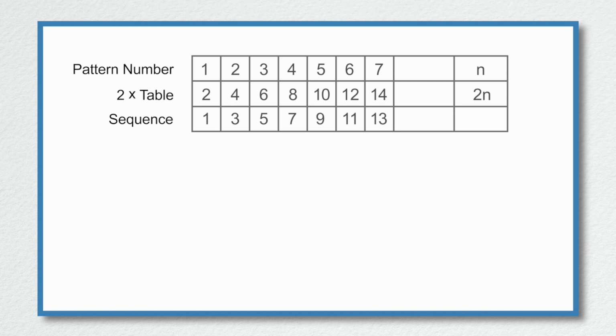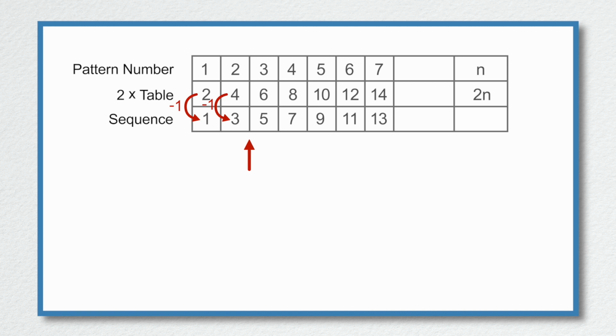I want to use the 2 times table to help me write down the general rule for this sequence. So how do I get from the 2 times table to the sequence that I'm trying to find the rule for? Well, if we look at the first term, to get from 2 to 1, I subtract 1. Looking at the second term, to get from 4 to 3, I subtract 1.